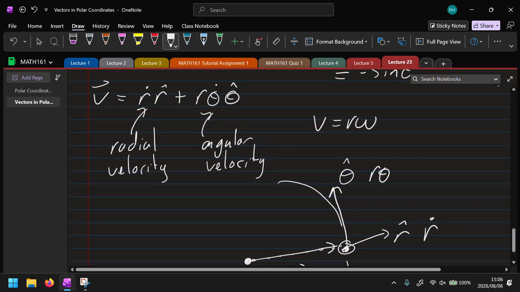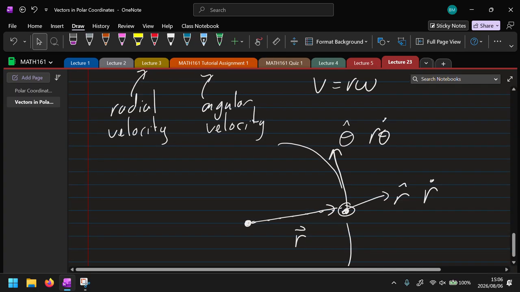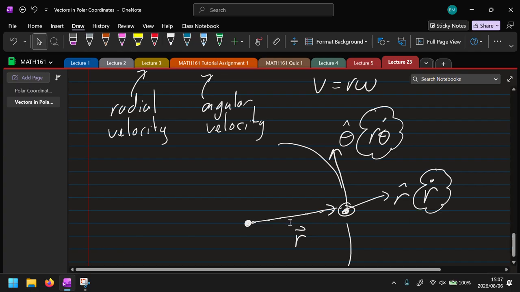And we've got r theta dot, the angular velocity in the tangent direction, going around. Okay, so any vector v, we can decompose into the radial part going outwards and the tangential part going in the angular direction. Okay, you would have seen this picture many times in physics, right? Orbital motion.